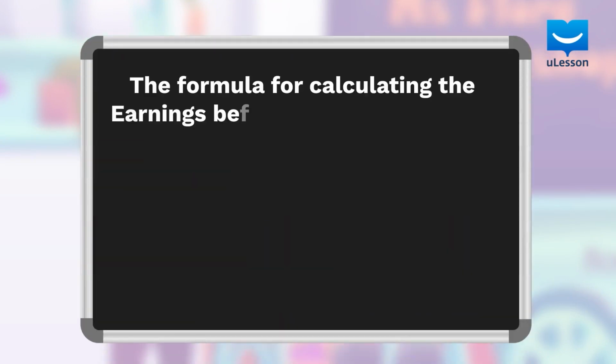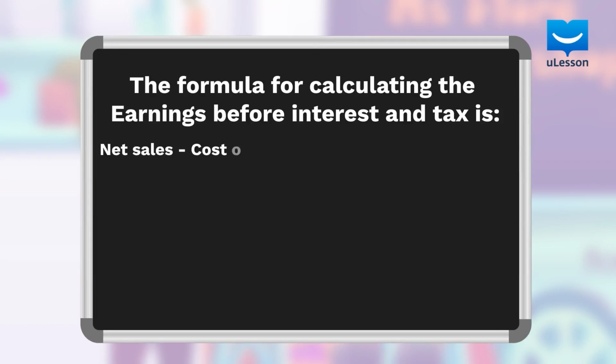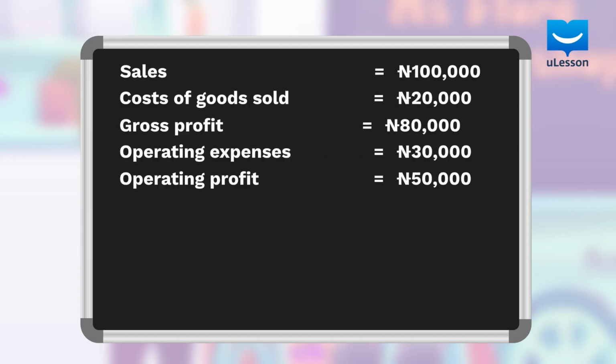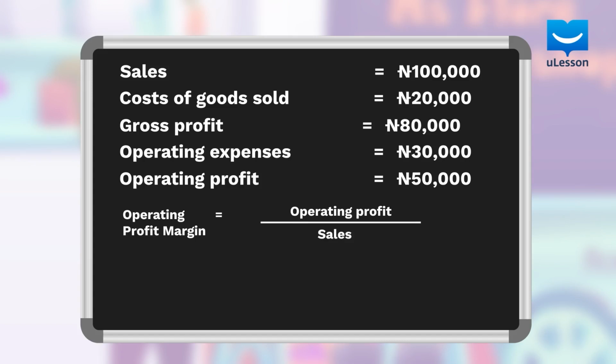The formula for calculating the earnings before interest and tax is sales minus cost of goods sold minus operating expenses. The operating profit margin will then calculate the percentage of the operating profit contained in the sales. Therefore, the formula is operating profit divided by the sales multiplied by 100%.